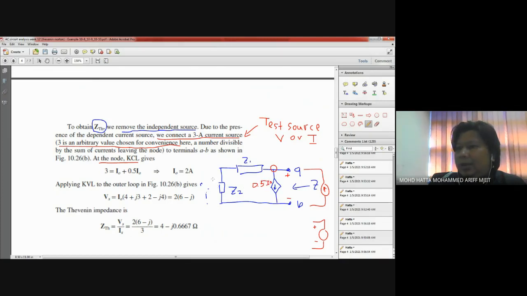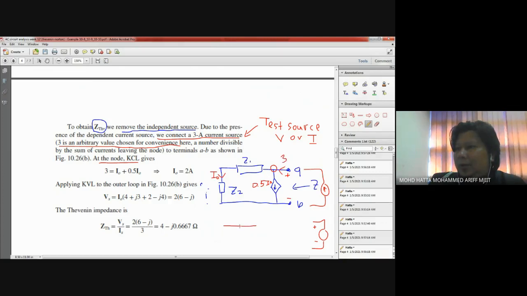And the current over here, we know that the current here is I naught. Looking at it, if you connect this current source, it means that we have a current over here of 3 ampere.